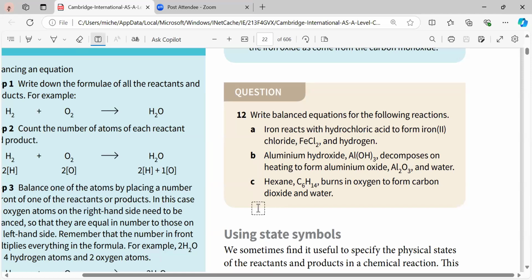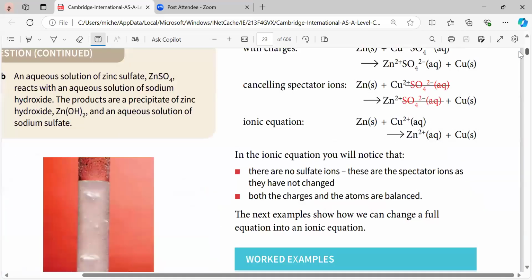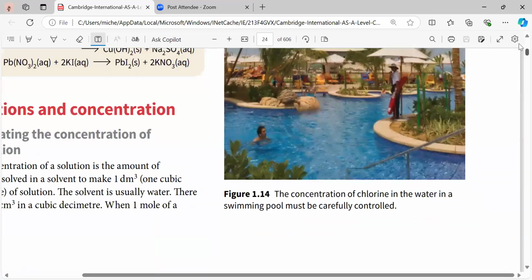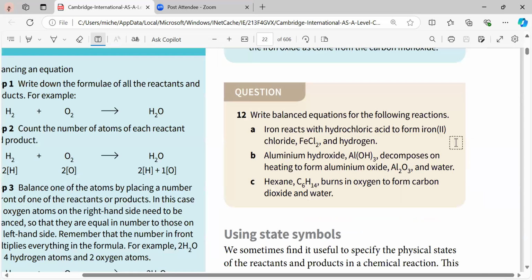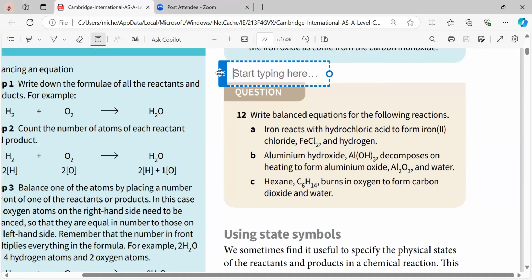First of all, we have iron, so iron would be Fe. I'm just going to write it down here first. So we have Fe.